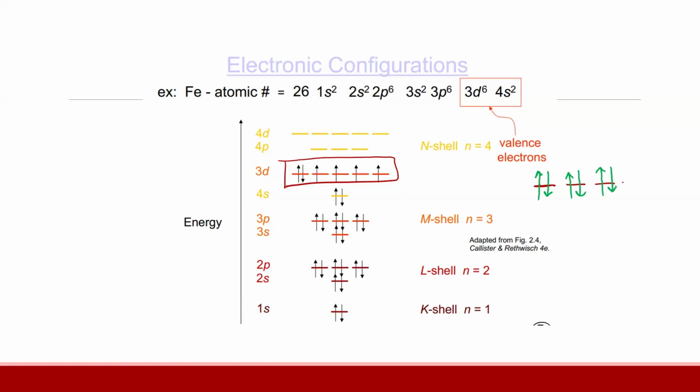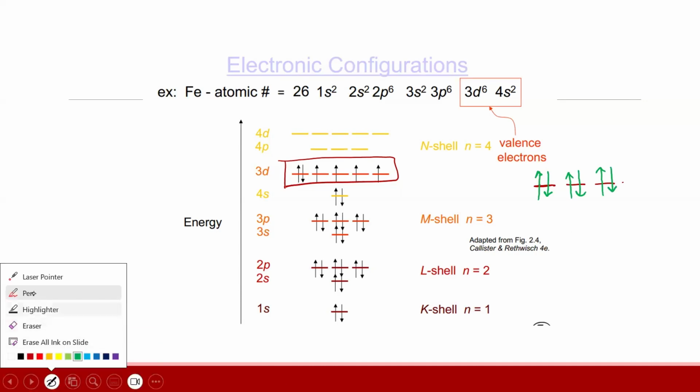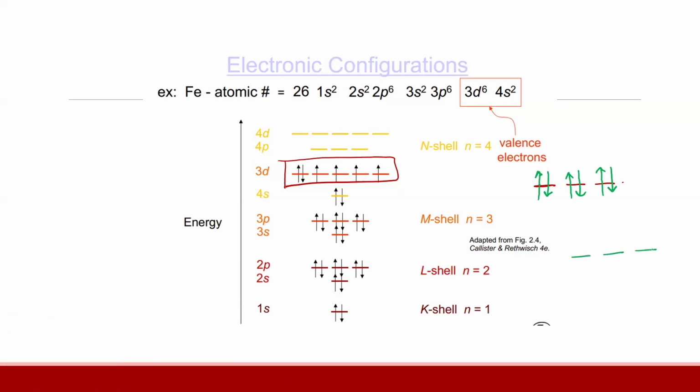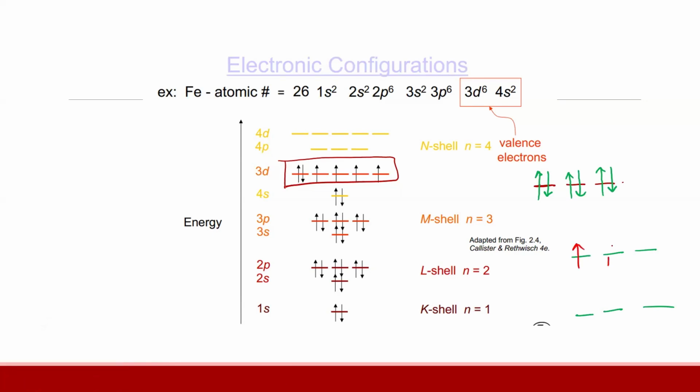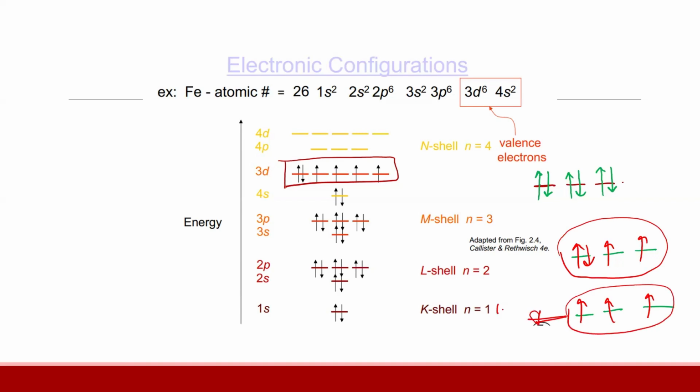subshells also have some stability. If you consider these two, for example, this one has 4 electrons in P, and this one has 3 electrons in P. So this one we call more stable compared to the previous one. Why more stable? Because the subshell is half filled.